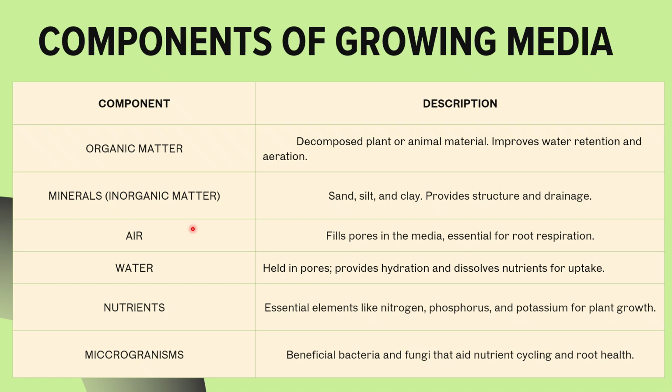They're not gonna grow. So nutrients, aka food in this case, provide the necessities, the elements like nitrogen, phosphorus, and potassium for that plant to grow.